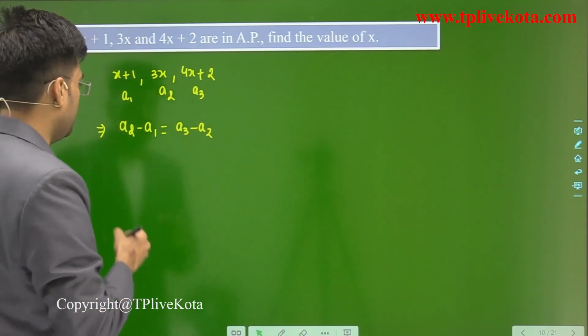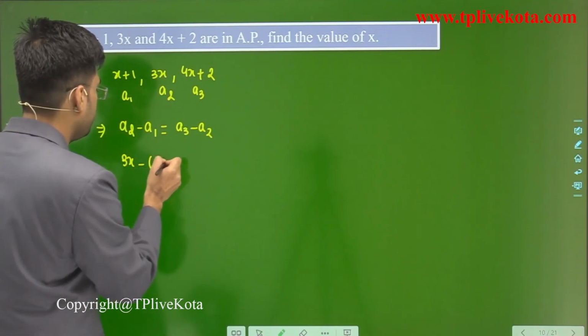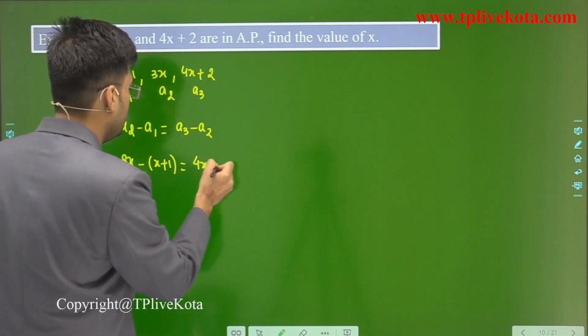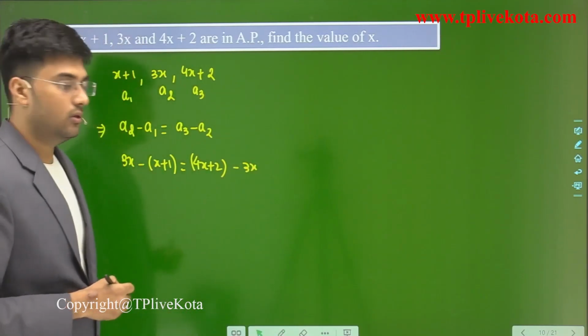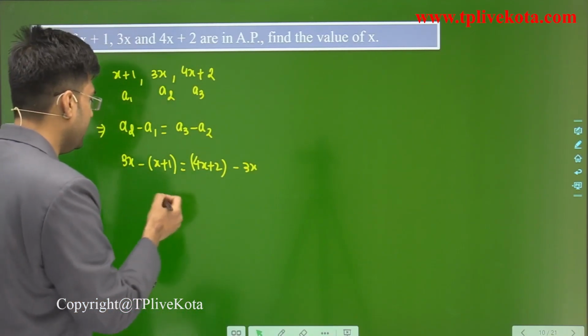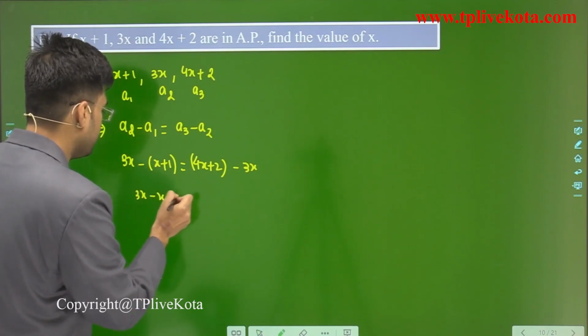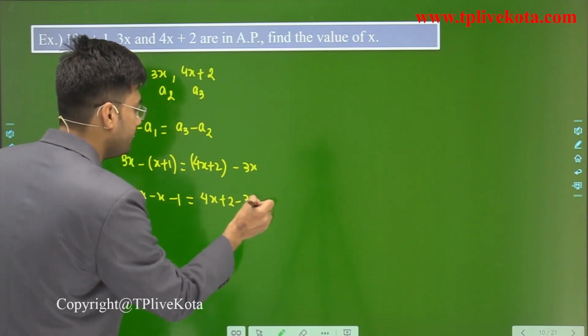Okay. Now A2 is what? It is 3x minus x plus 1. It is equal to 4x plus 2 minus 3x. So when we solve this, what will we get? It is 3x minus x minus 1 equals 4x plus 2 minus 3x.